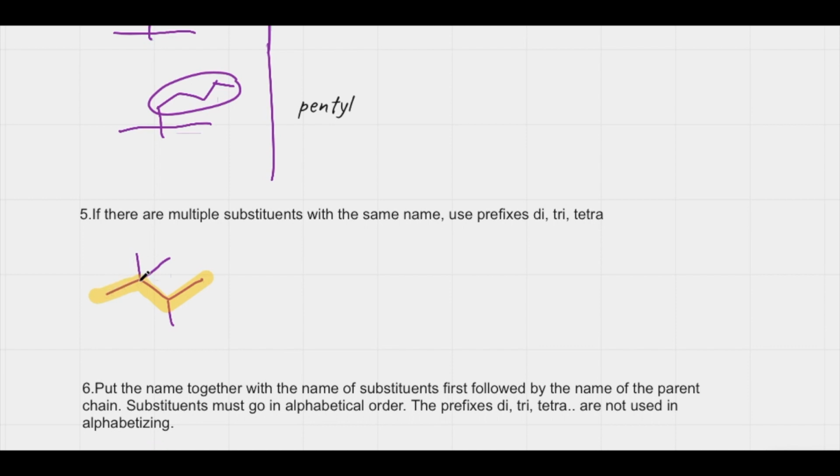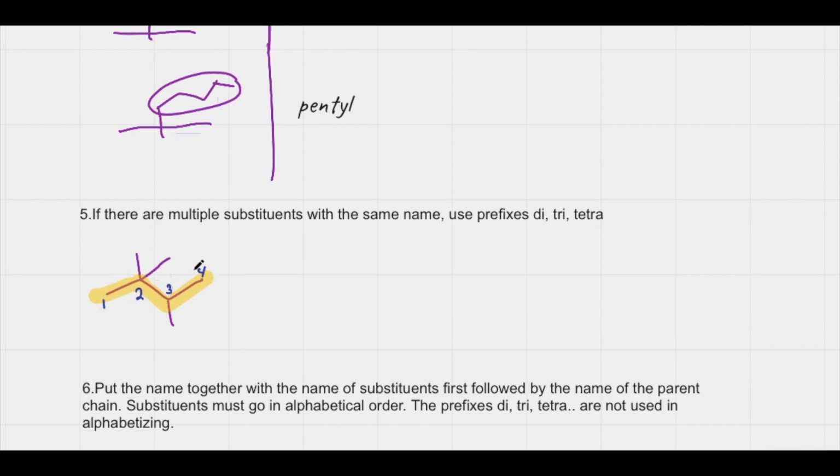So 1, 2, 1, 2. From the left, we're getting substituents on carbon 2, and from the right also on carbon 2. But from the left, there are more substituents on carbon 2. So I should number from the left. 1, 2, 3, and 4.